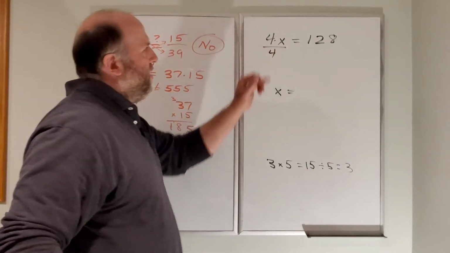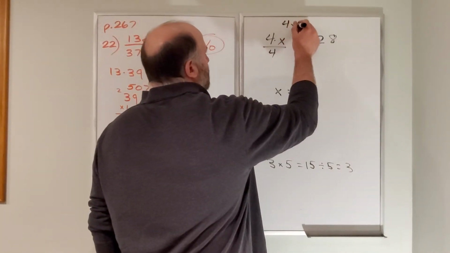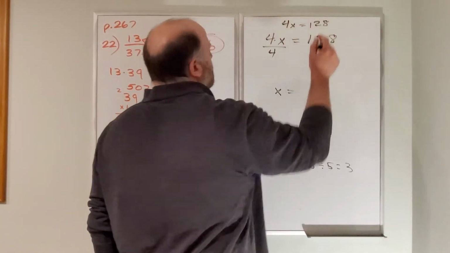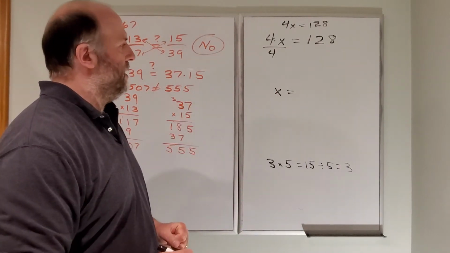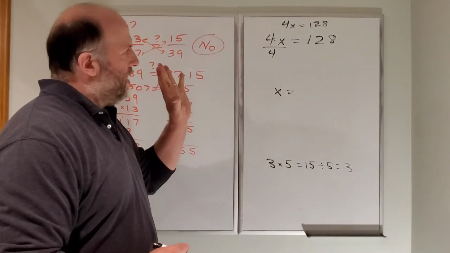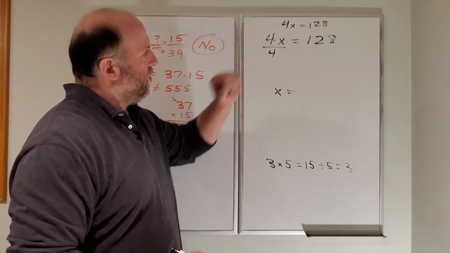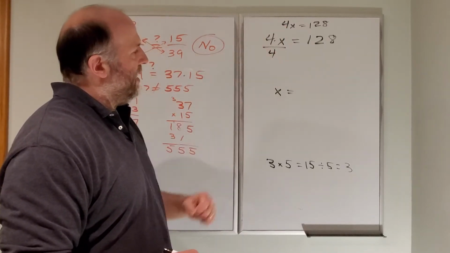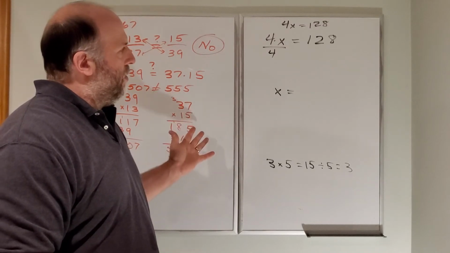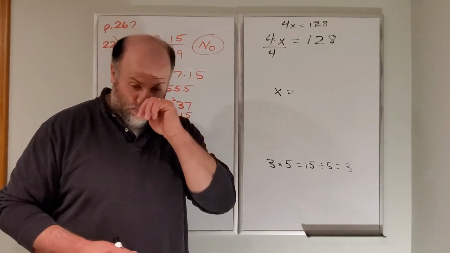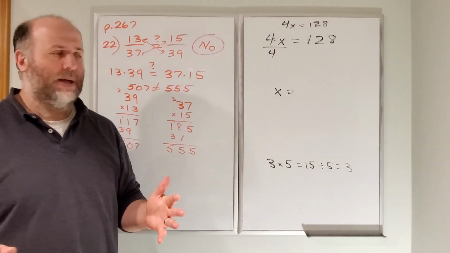So if you have an equation like 4x equals 128, and you would like to solve it just so you can figure out what 1x is actually equal to, you can do that by undoing this multiplication by dividing by the coefficient, 4. Now, where does this multiplication property of equality come into play?